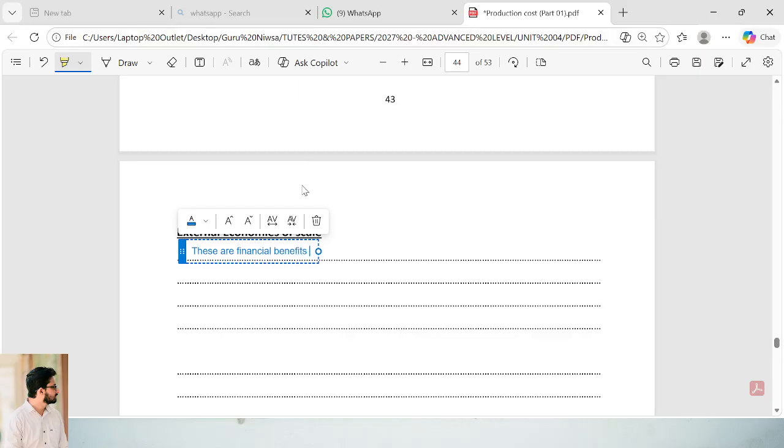These are financial benefits enjoyed by all the firms in the industry. That is the most amazing thing.